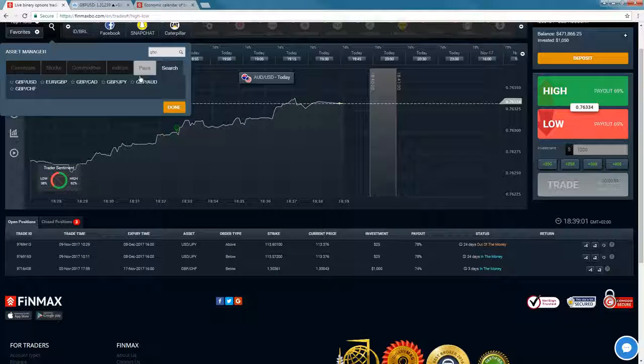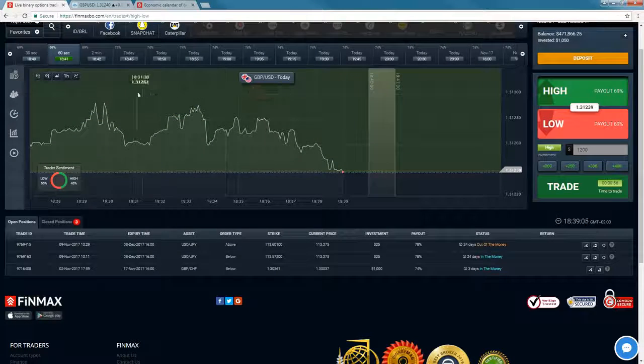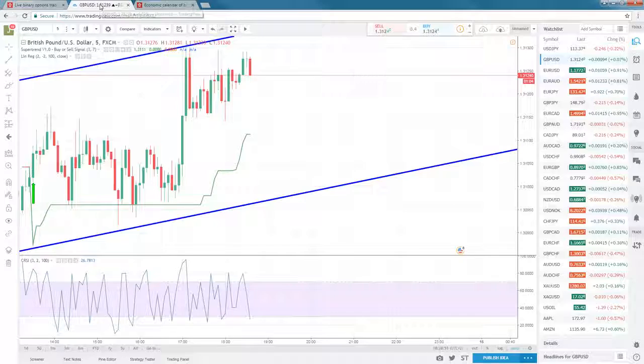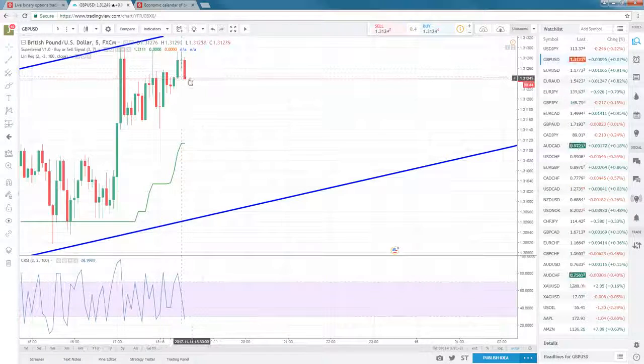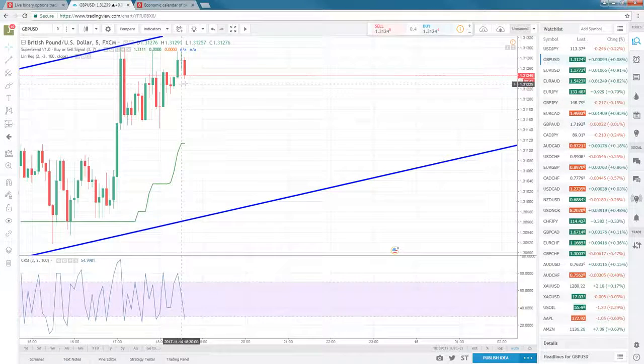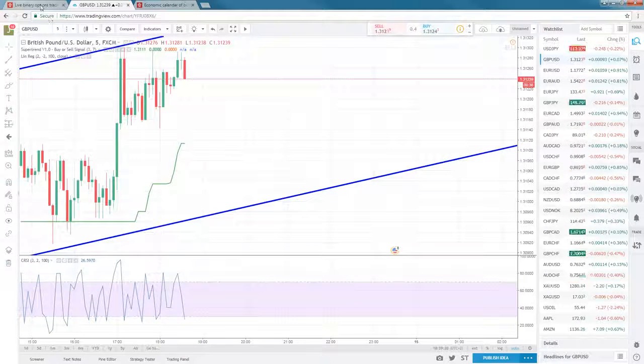GBP US dollar. Here we are. Let's prepare our platform. Let's change the investment amount to 500 US dollars. And let's wait until this candle is over, because after it's over, there will be good time to enter the market for the price to go high.